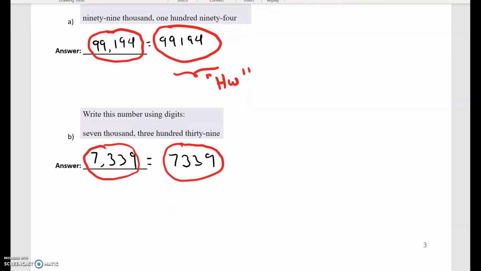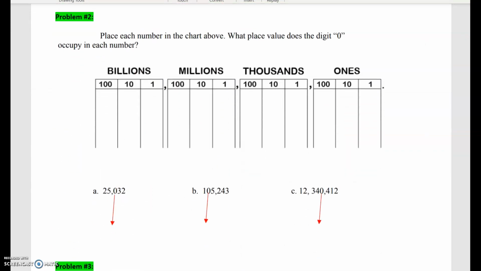Let's move on to the next set of problems. On problem 2, take a second and read it. What they're asking us to do is, for each of these, fill in the chart here. For the first one, this will be the value of 0, 3, 2, and then the value of the 25.